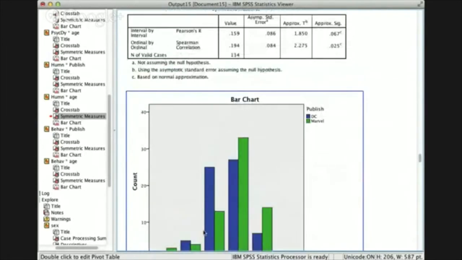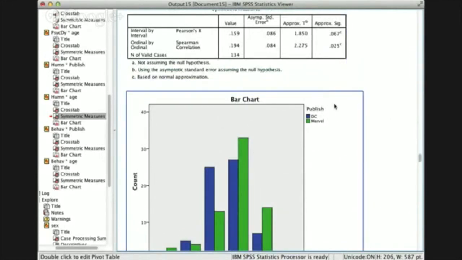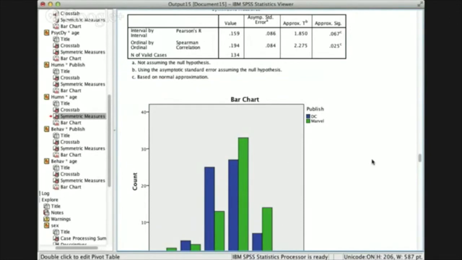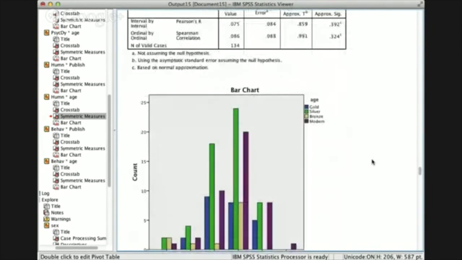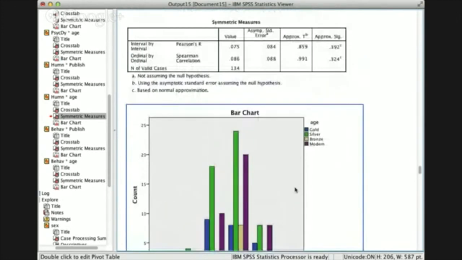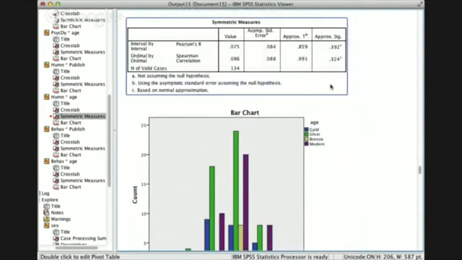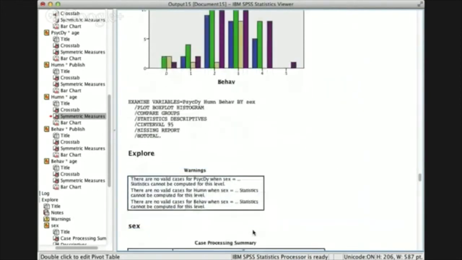There is a significant Spearman correlation, which would show that the non-parametric correlation test might be a little bit superior to the parametric test. And this is again between the age and the behavior model, and there's no real significant relationship, even though most of the villains fit between 2 and 3 criteria of the model.